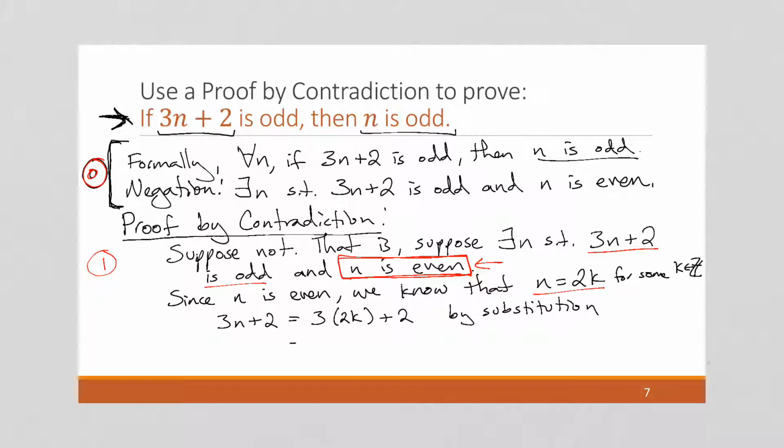Well, what does that equal? That's going to be 6k plus 2, and that's just by multiplication. Well, what can I do with that? I can pull out a 2. Okay, I'm running out of room, so I'm going to go to the next slide.